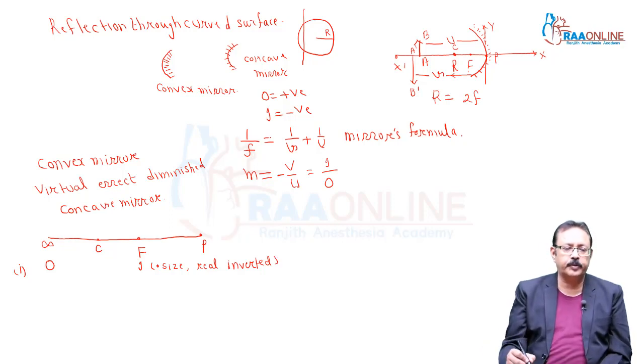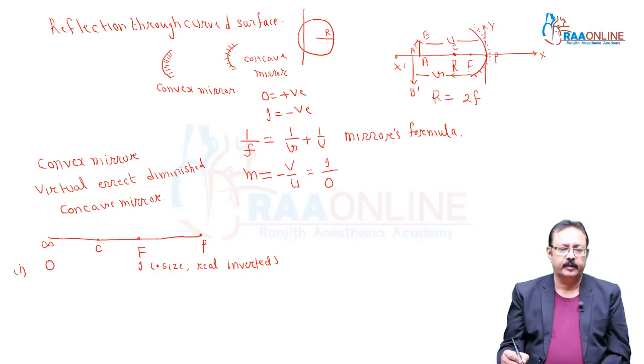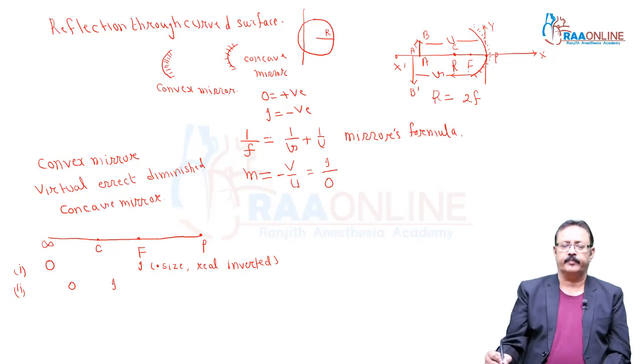If you shift the object between infinity and C, the image will shift and it will be between the center of curvature and the focal point. You will get the image here. It is diminished.